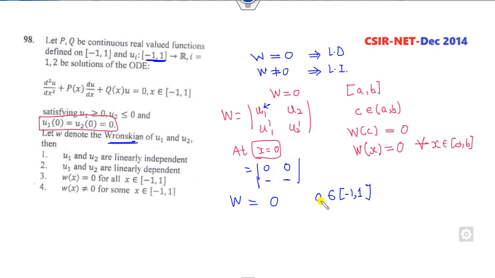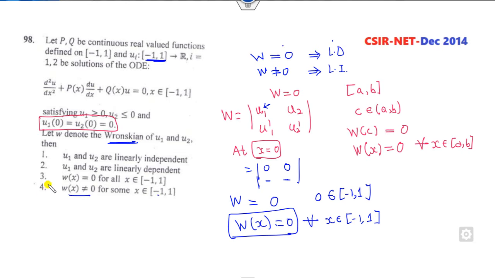So what is the meaning of that? Since 0 belongs to this, it means the Wronskian is 0 for all x lying in between them. Once it is 0, it's LD. So the Wronskian is non-zero for all x, cancel out, is not the correct option. Once the Wronskian is 0, it is LD. So B and C are my correct options.